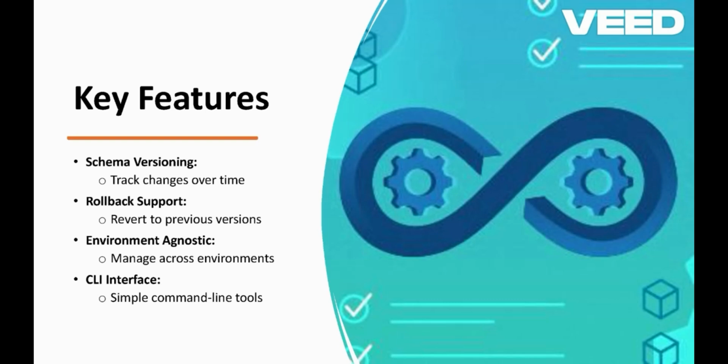Environment agnostic. Manage migrations effortlessly across different environments, whether you are in development, testing, or production. CLI interface. With the simple command line interface, TG Migrator integrates smoothly into your workflow, making migration tasks straightforward and efficient. Now we'll see how we can use TG Migrator in our system.